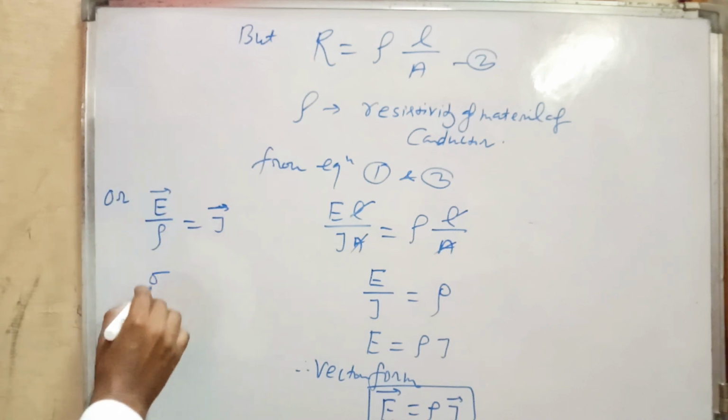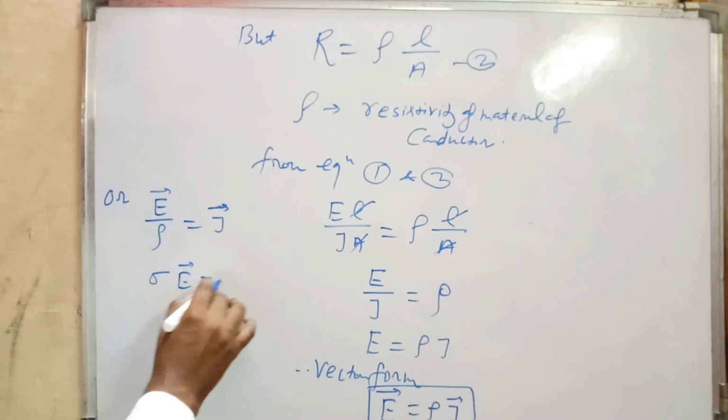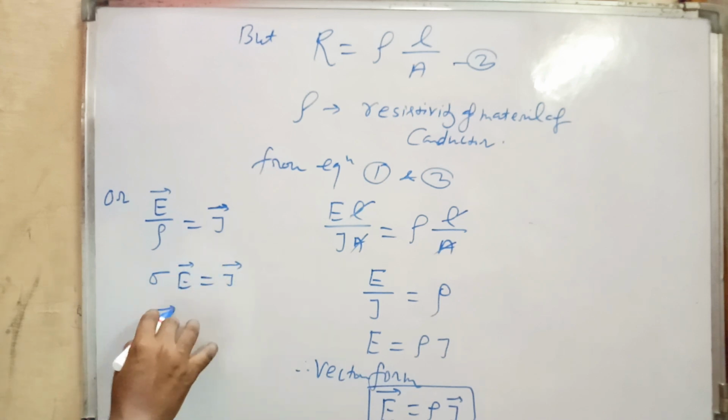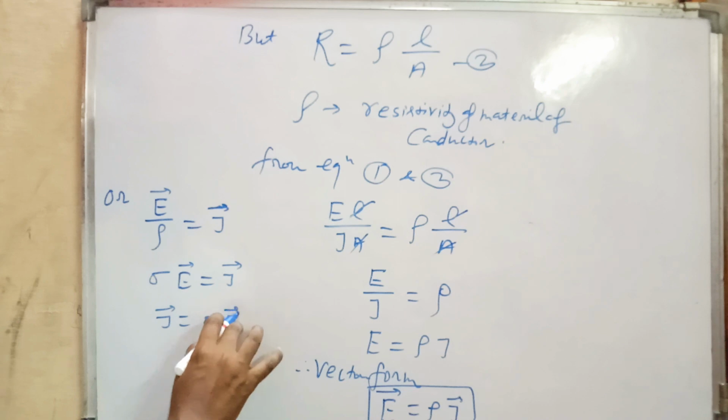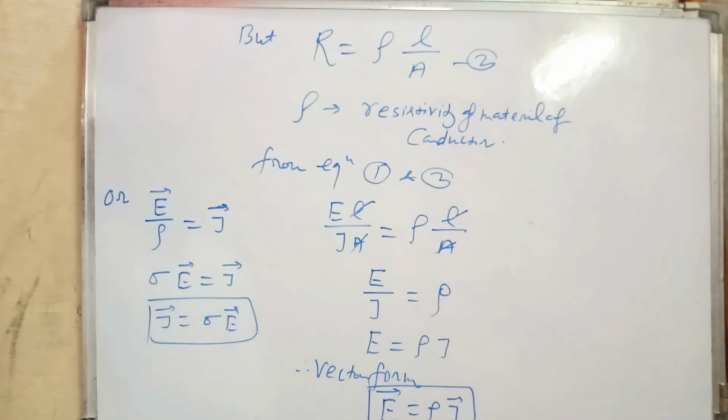That means sigma E is equal to J, or J is equal to sigma E. These both equations represent the vector form of Ohm's law.